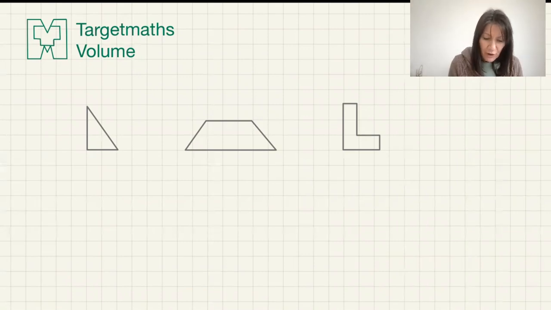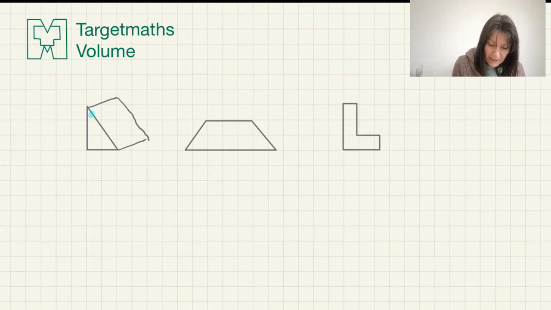So we know from our last session that a 3D shape starts life as a 2D shape. I've got a 2D triangle, and once I put on that third length, it becomes 3D.